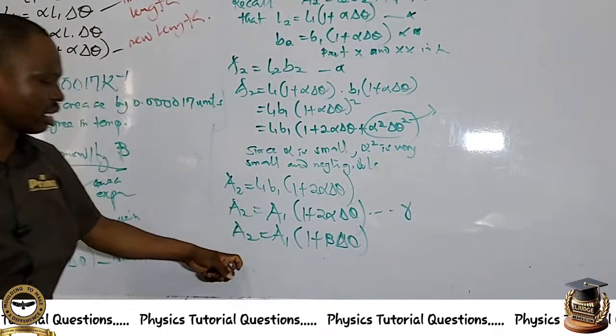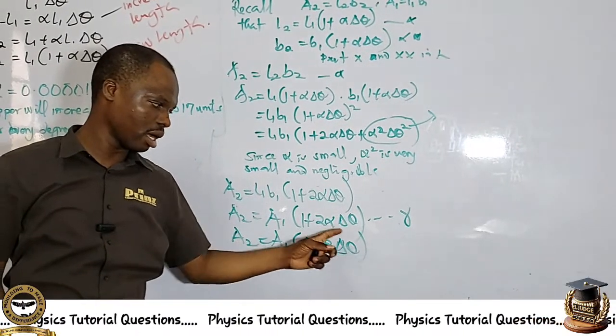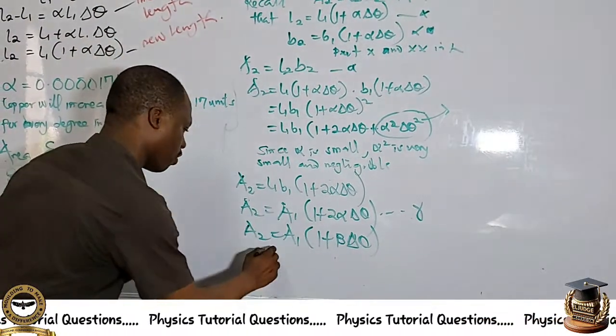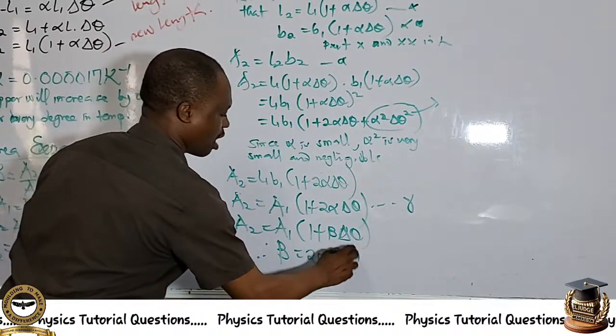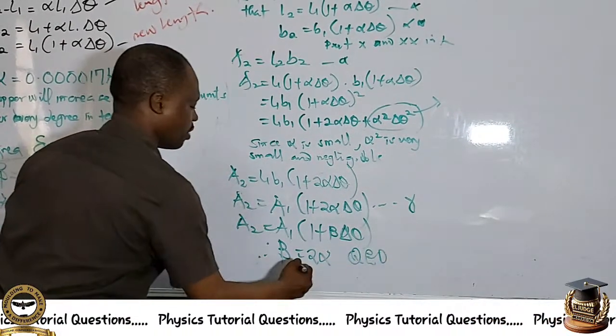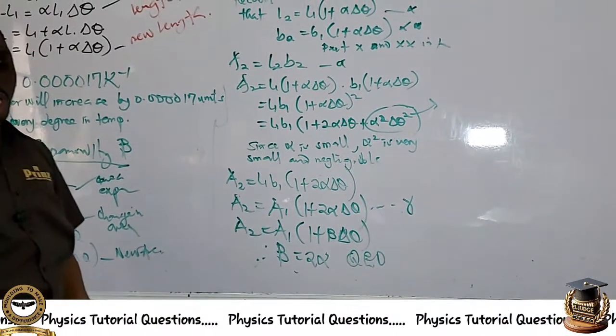We can see that A2 is A1 times 1 plus delta theta, then beta equals 2 alpha. Therefore, beta is 2 alpha. Quite easily done. We have been able to prove that beta equals 2 alpha.